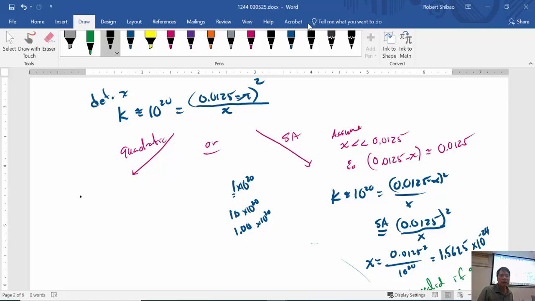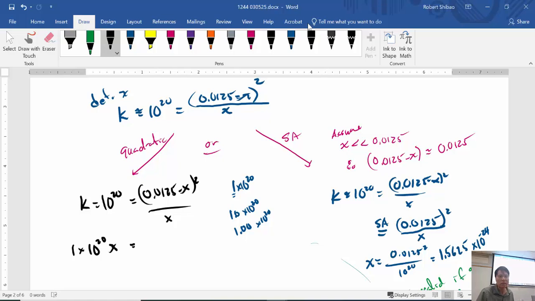And so over here, I'm going to go ahead and get this into quadratic form. That's going to be k is equal to 10 to the 20th, which is 0.0125 minus x squared divided by x. And so I'm going to go ahead and multiply both sides by x. So I'm going to get 1 times 10 to the 20th x over here on the left, and then let's go ahead and multiply this out.